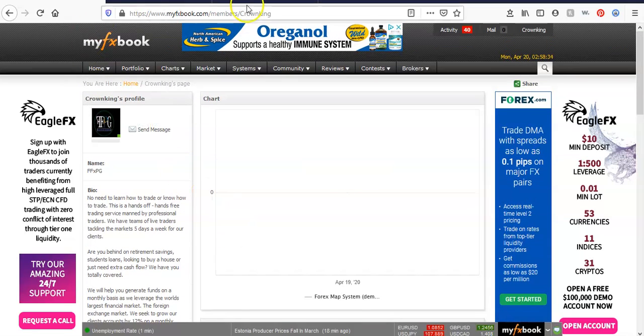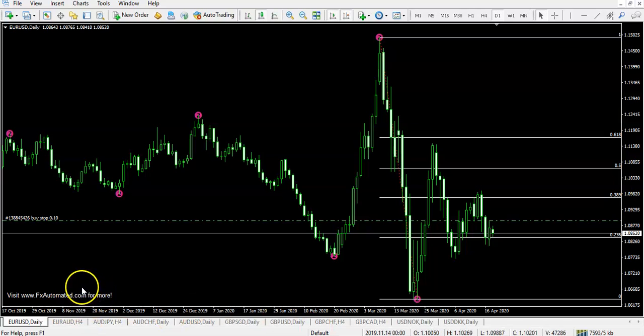But we are here to go through what we're looking at for the week. With this Forex Map System, what I do is I use the Fibonacci. I use this indicator.